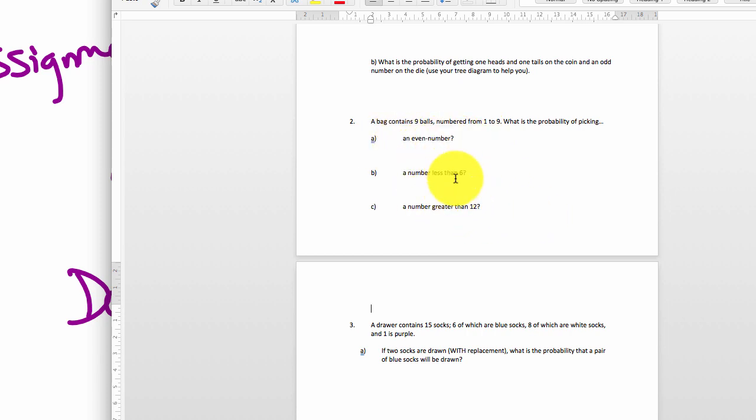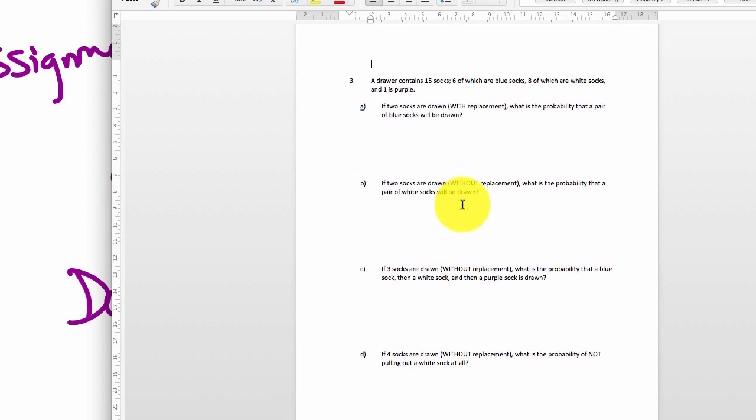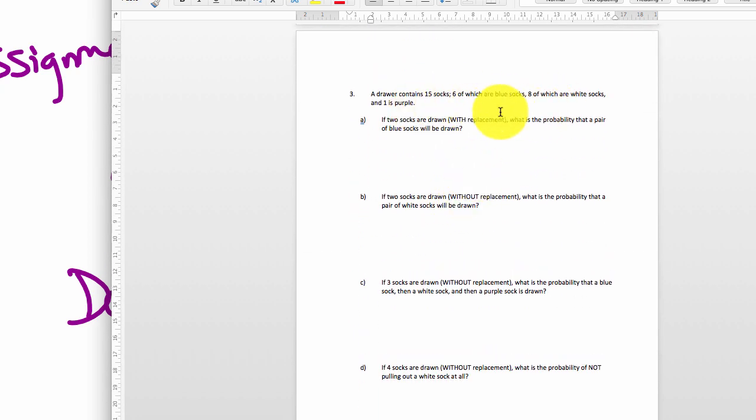So that's like when we first did probability. And then for number 3, you've got a drawer with socks, and you're pulling out more than one sock, either 2 socks here, 2 socks here, 3 socks here, 4 socks here, and this is where you're going to do what we were just doing. Now, it's important to realize that you have with replacement here, without replacement there, without replacement there, without replacement there. So please be careful when you're doing these questions.